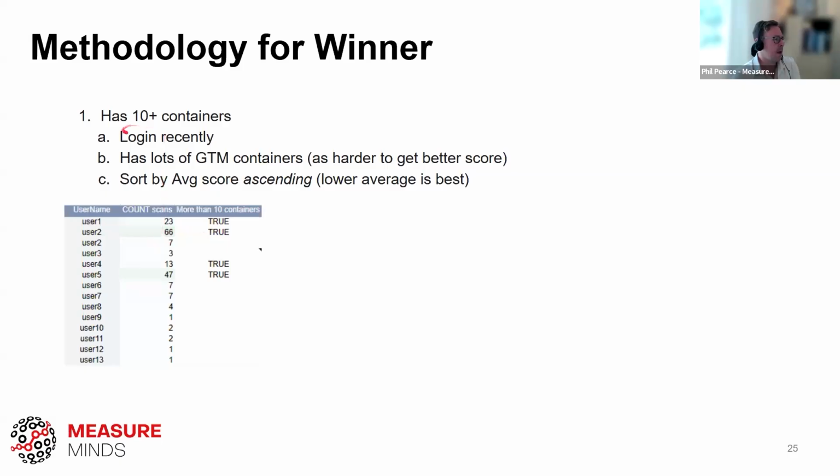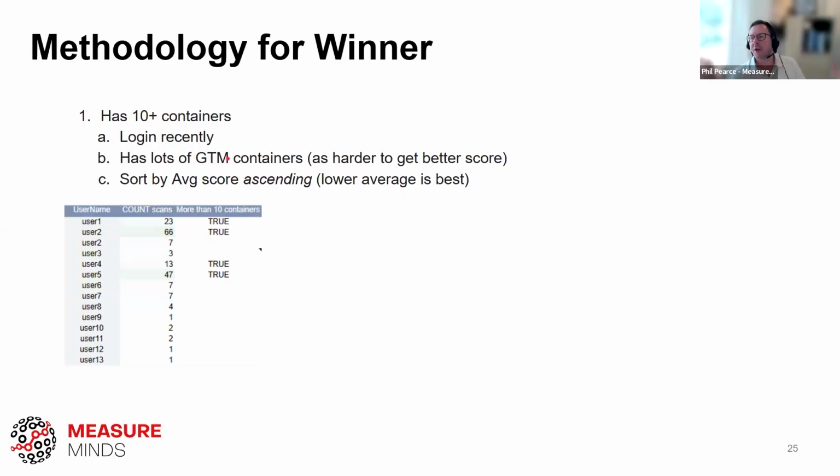Okay, so in terms of the winners of the competition, the criteria were you had to have 10 accounts or 10 containers or more, and log in recently. In terms of the weightings of the scores, if you had more GTM containers, we gave you a higher weighting, or weighted average, because it's more difficult to get a good score.